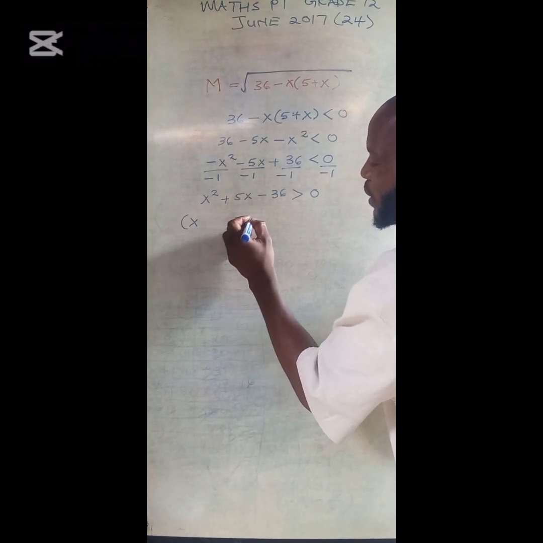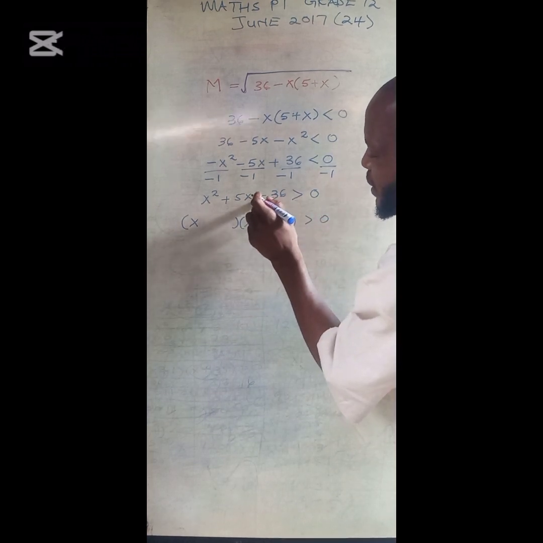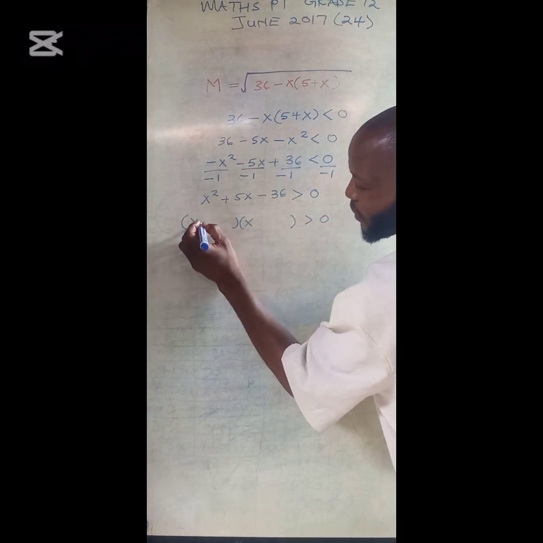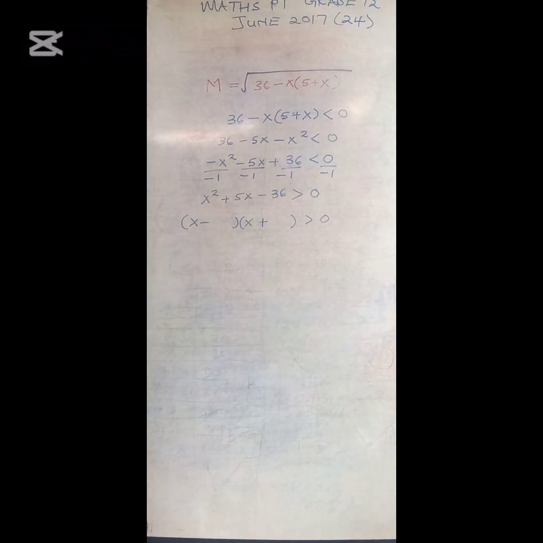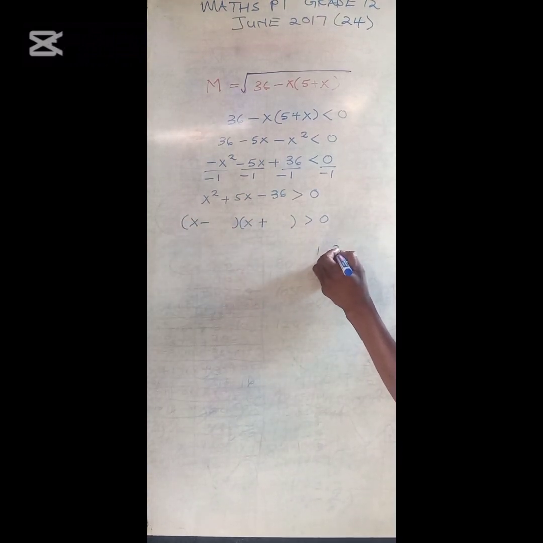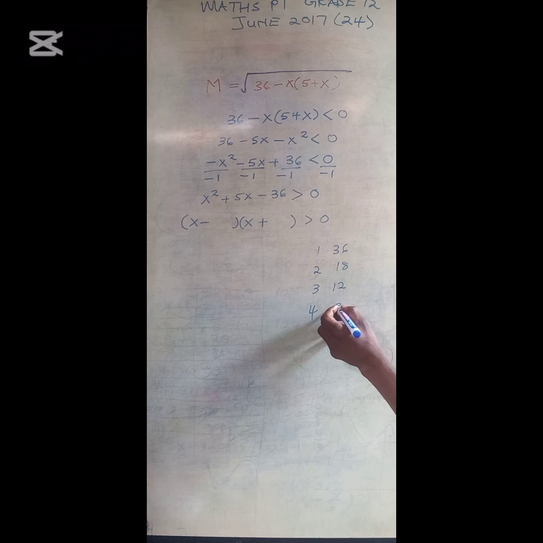Okay, a is 1, we are happy. The factors will be x and x, greater than 0. The last term is negative, so our signs are going to be different, right? The factors are of 36 with a difference of 5. 1 and 36, 2 and 18, 3 and 12, 4 and 9.